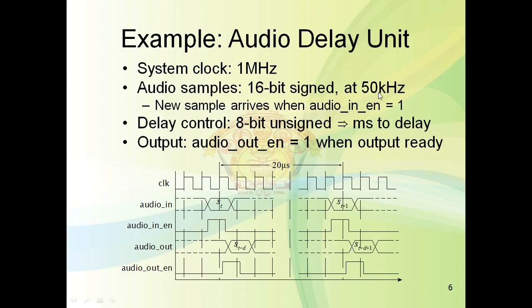Audio in enable is a control input. It is 1 for the clock cycle in which the sample arrives. The unit should indicate availability of an output sample using an output control signal, that is audio out enable.